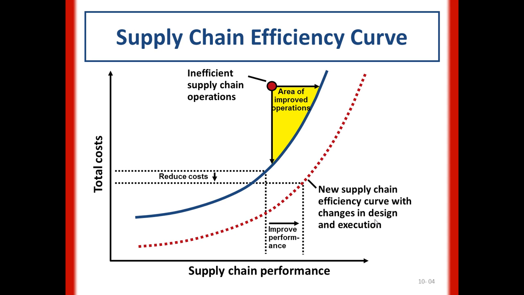Organizations must find a way to achieve the efficient curve on their own. For example, the red dot represents the current situation of the organization. The organization realizes it does not have an efficient operation.